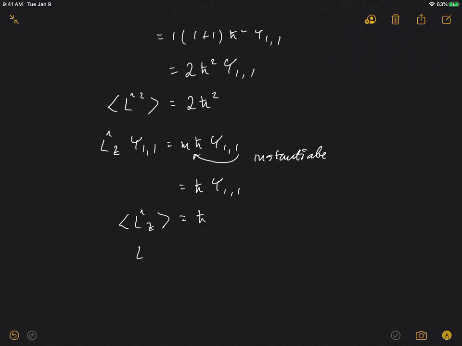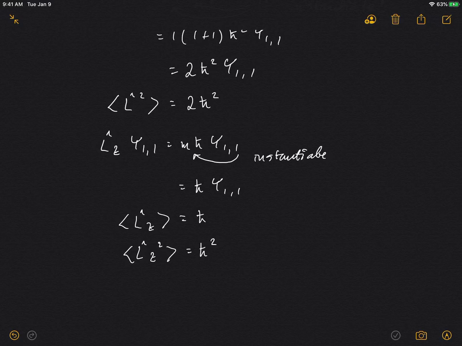And our expectation value for LZ squared is just going to be h bar squared. Interesting.